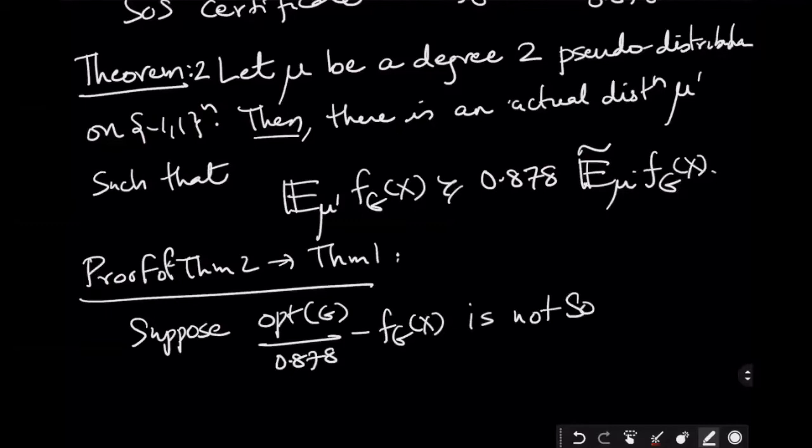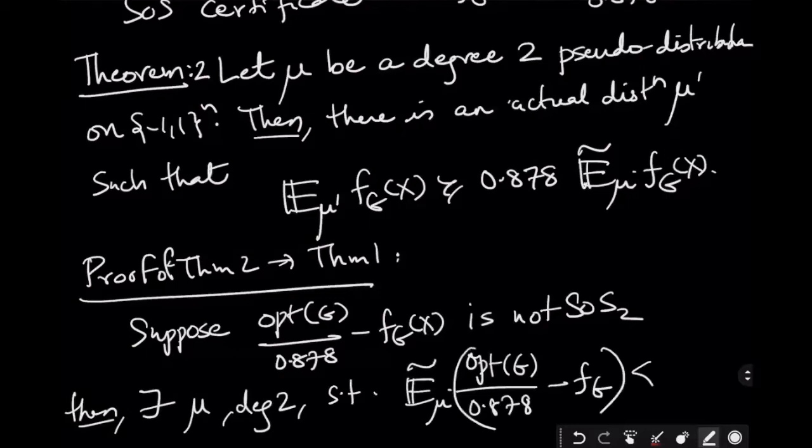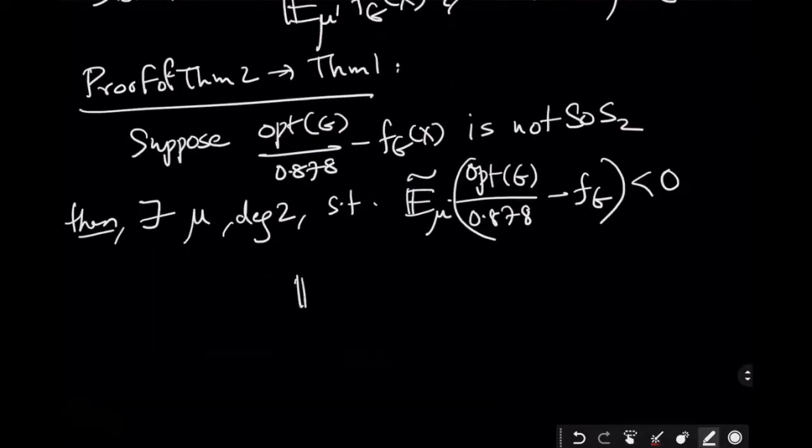I want to prove that in fact it has a degree 2 SOS certificate, but let's say it doesn't have it. Then, by duality, there exists a degree 2 pseudo distribution. We proved this last time, such that the pseudo expectation of this polynomial must be negative. Which is saying, if I just rearrange, that the pseudo expectation of F_G under mu should be bigger than opt(G) over 0.878.